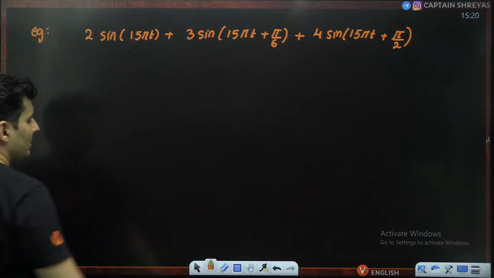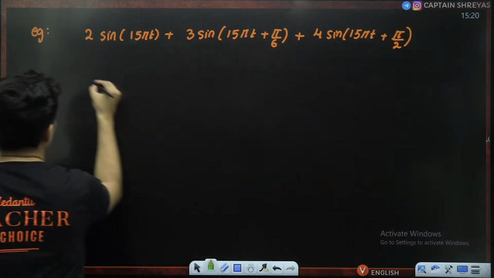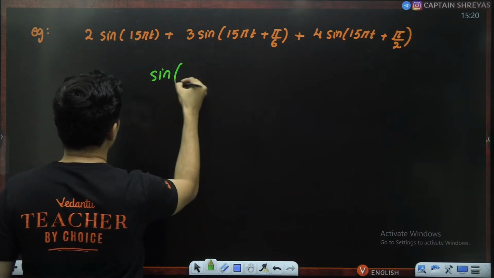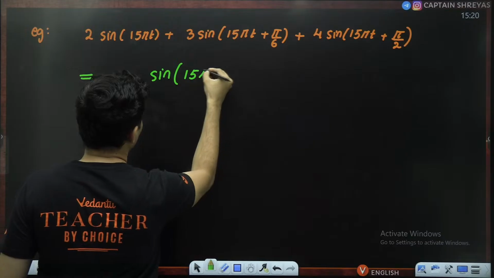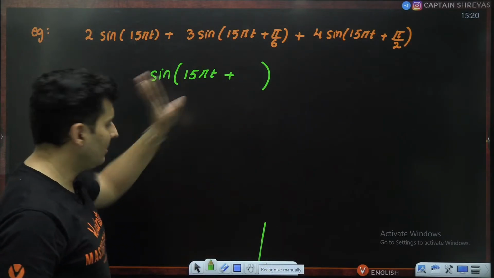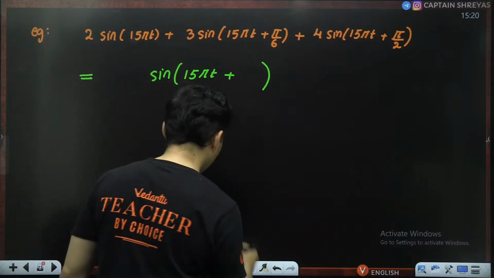What you will do is, you can actually write this down as something sine 15 pi t plus something. What is that something? Let me tell you that.